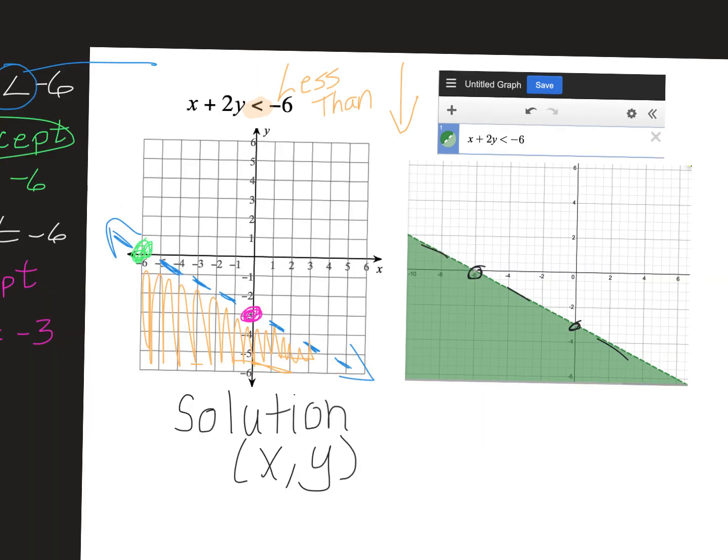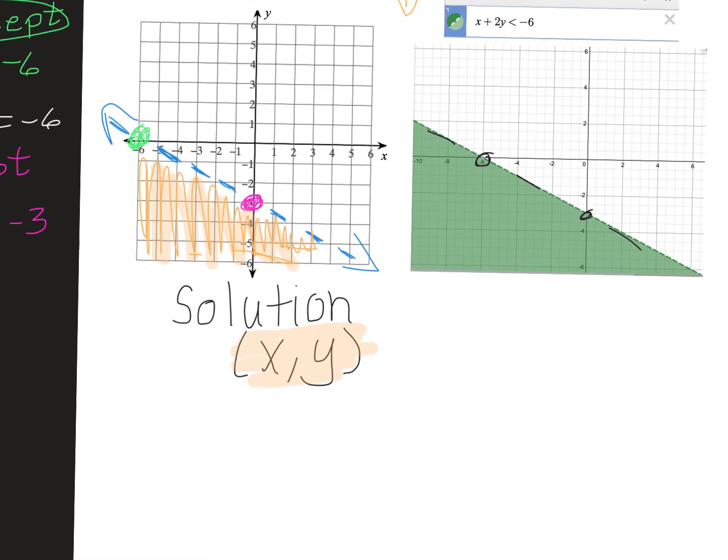And then finally, I need to find a solution, which would be any ordered pair that is in the shaded region, but a solution will not be anything on the line because it is a dotted line, which means no equal to.